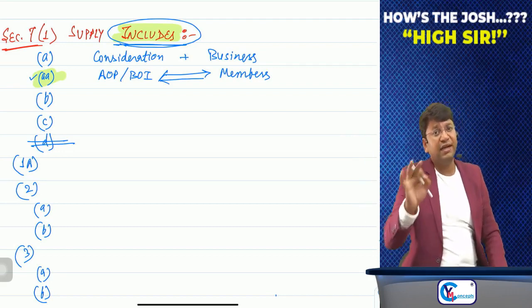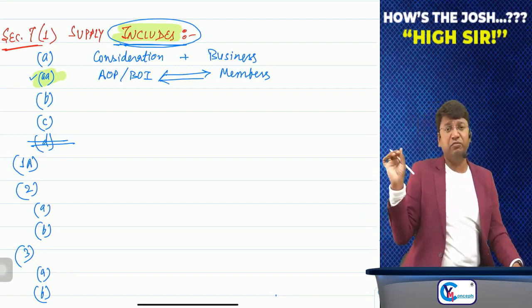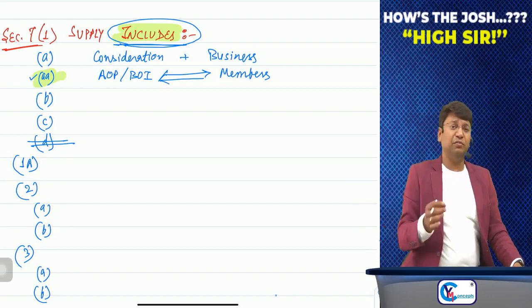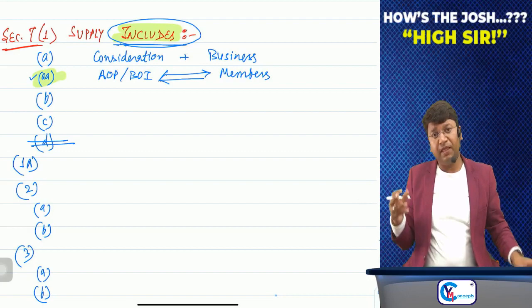unincorporated AOP BOI and its members will be two separate persons, and any activity performed between the members and the AOP BOI will be supply if it is for a consideration.